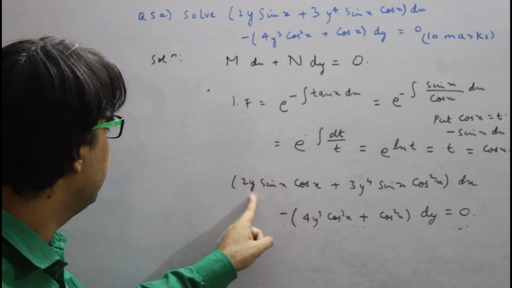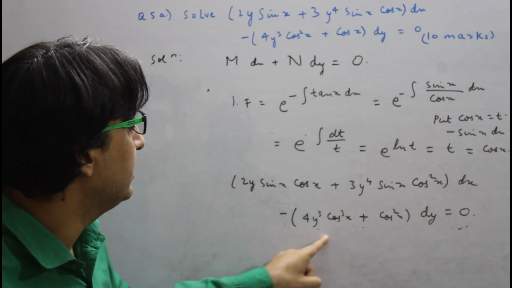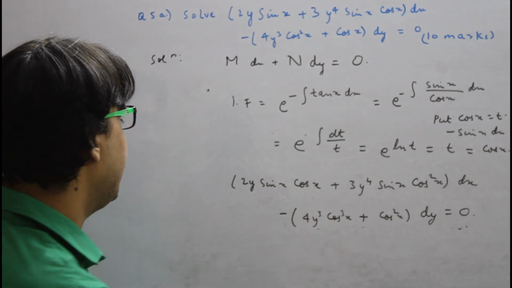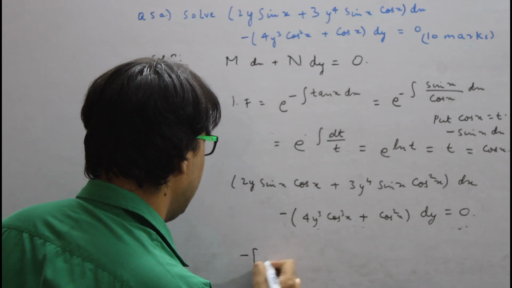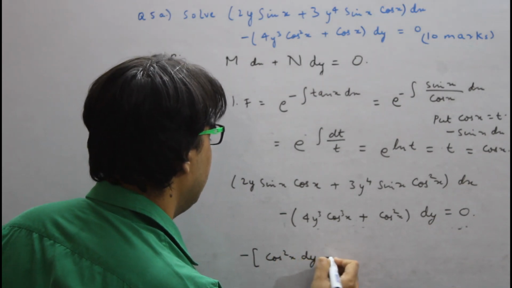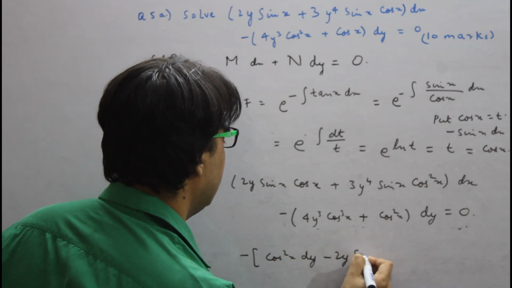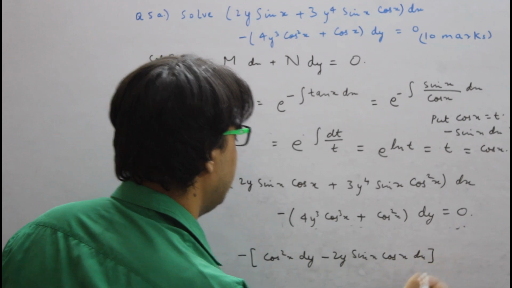So we will plug this one and this one and this one and this one, then it will be of exact form. So I can write this as minus sin of cos square x dy minus 2y sin x cos x dx.